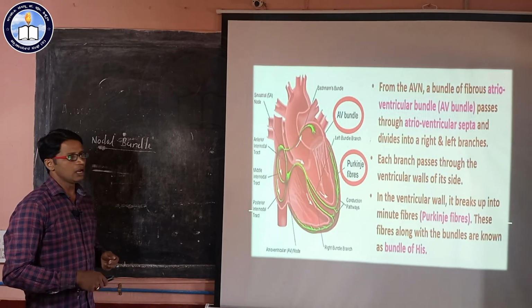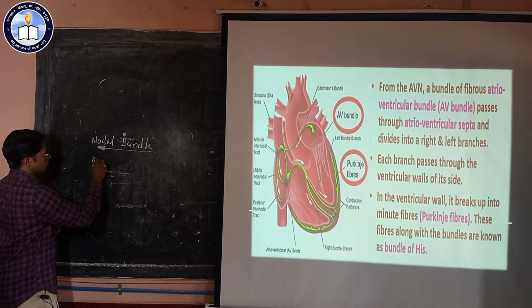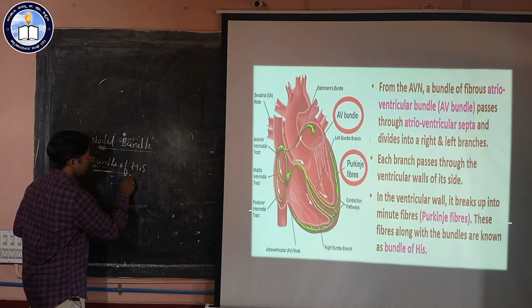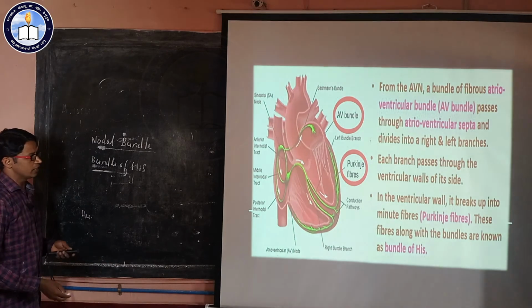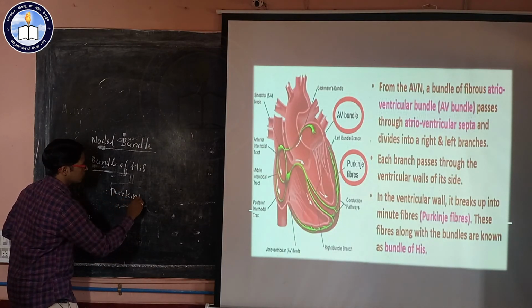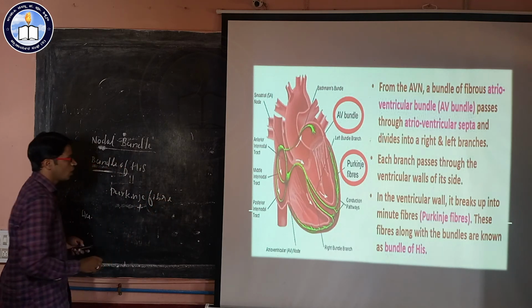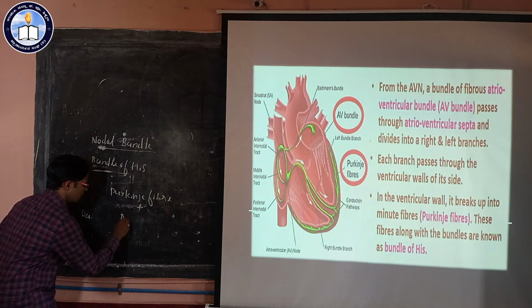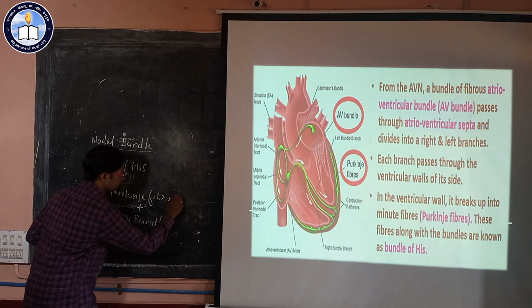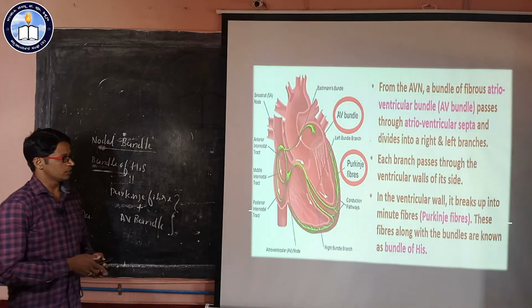What do we call it? Bundle of His. So the bundle of His includes the Purkinje fibers plus the atrioventricular bundle, or AV bundle. Collectively we call it the bundle of His.